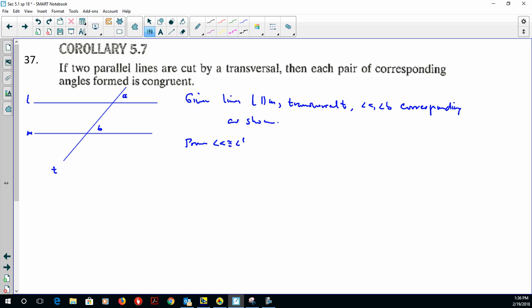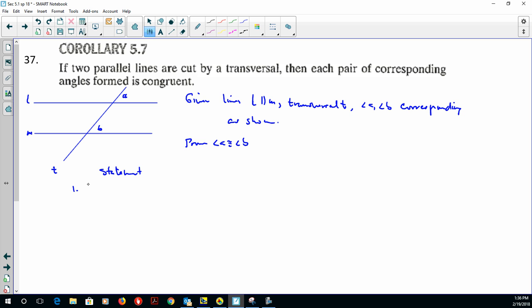So let's start by saying that angle A is congruent to angle, let's give this guy a name C here.